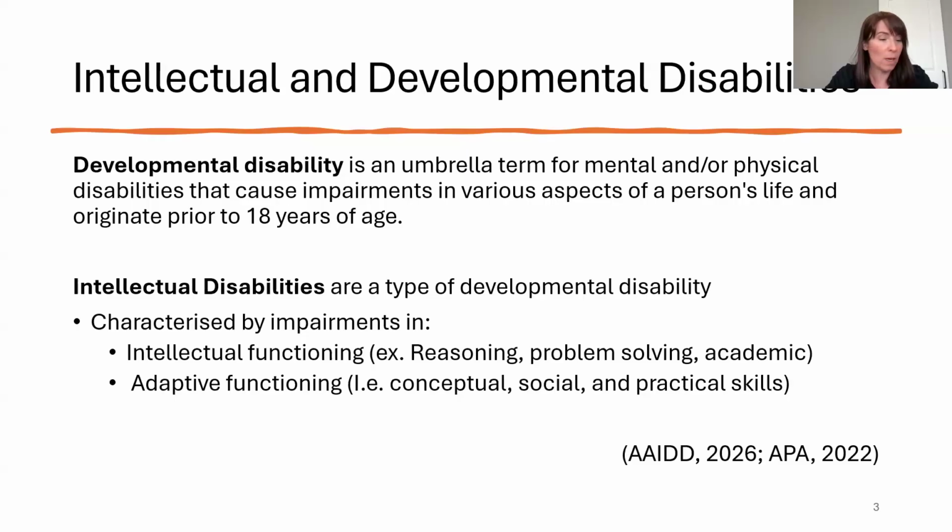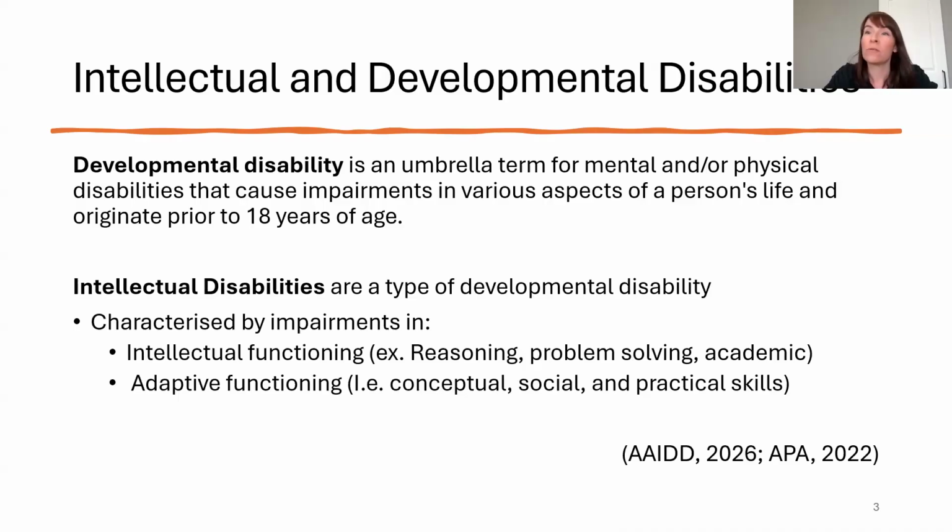That could include conceptual impairments in language, memory, reading, social impairments like interpersonal skills and social judgment, and practical impairments like self-management across the lifespan in self-care and in instrumental activities of daily living. Together, we're going to refer to these as intellectual and developmental disabilities, and I'll use the abbreviation IDD.